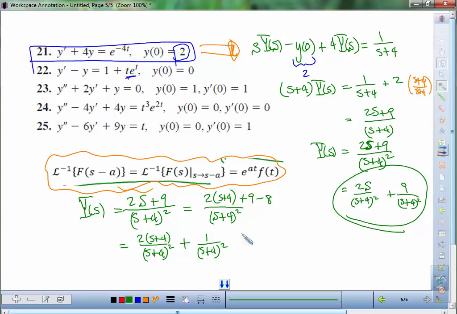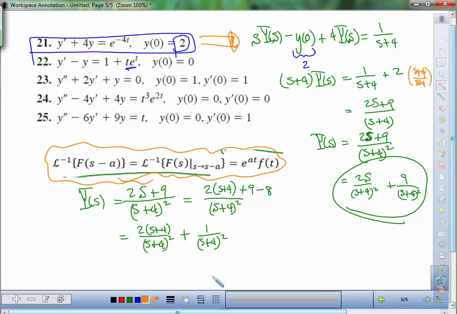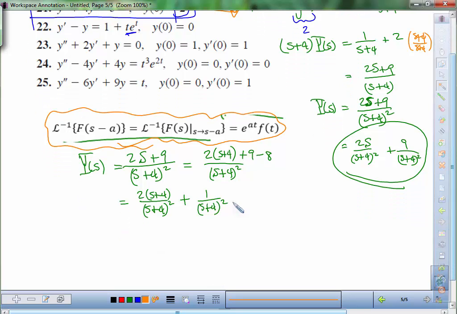Now I need to go back to y, right? In doing so, I'm going to need to think about how this transformation works. If I replace s plus 4 with s, I really have 2s over s.